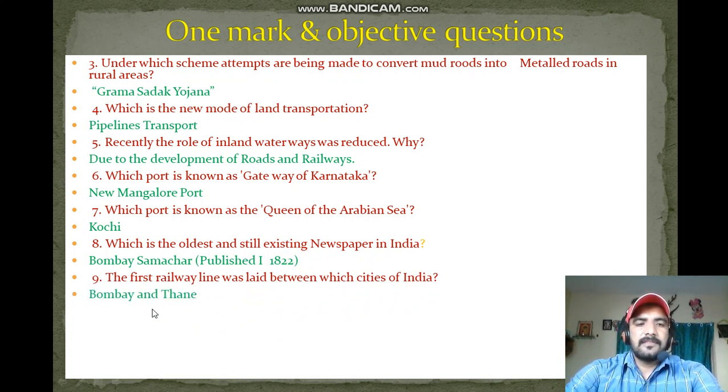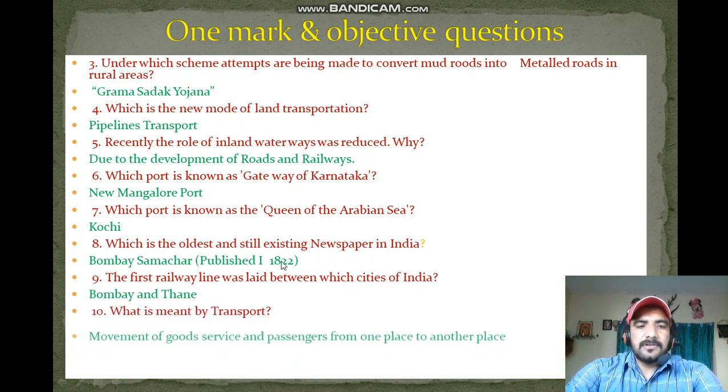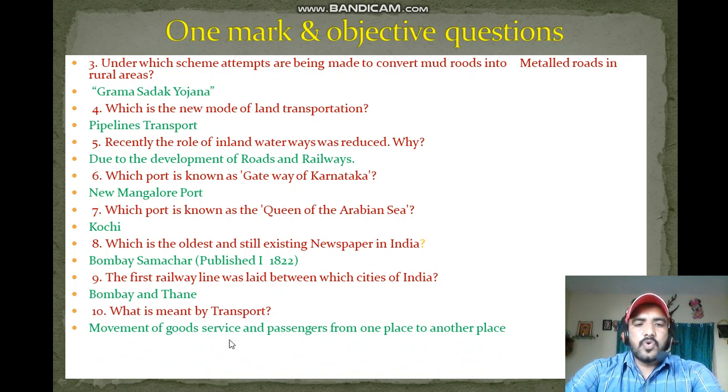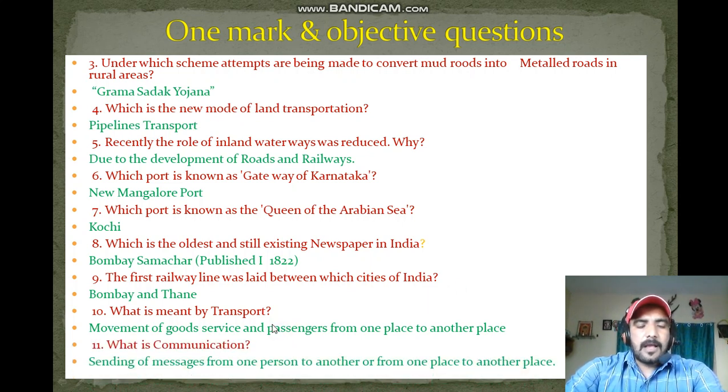You know that it is Bombay and Thane. Next one, what is meant by transport? Transport means movement of goods, services and passengers from one place to another place. Next one, what is communication? Communication is sending of a message from one person to another person or from one place to another place.